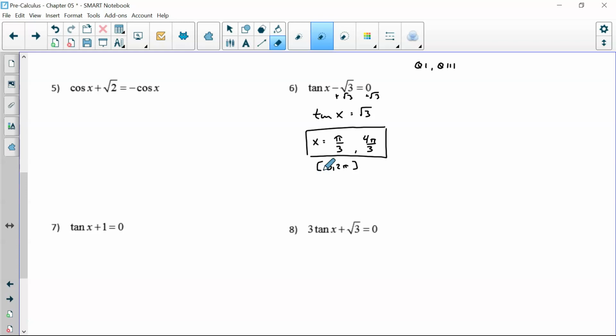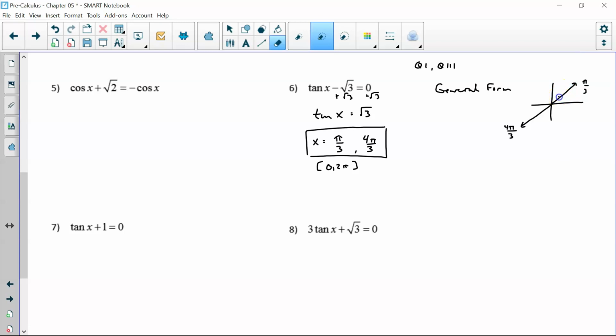Now, our general form. So I'm going to make a quick sketch. Pi over 3 is here, not drawn to scale. And 4 pi over 3 is down here. So if we think about it, we want to go from one solution to the next.